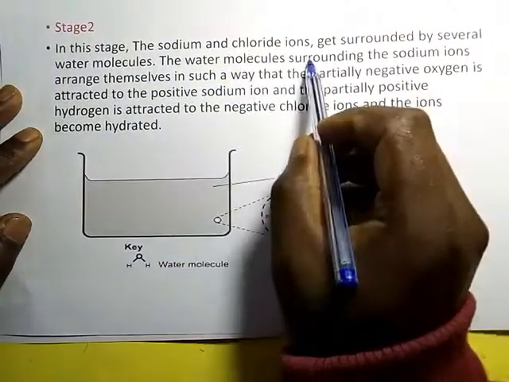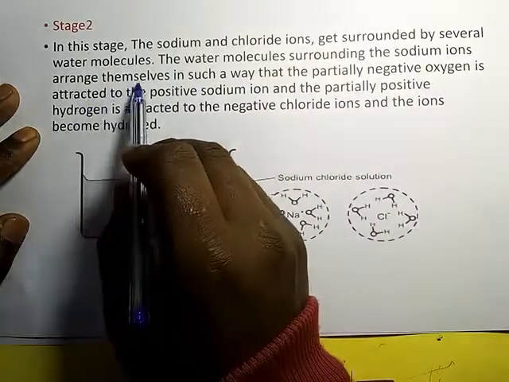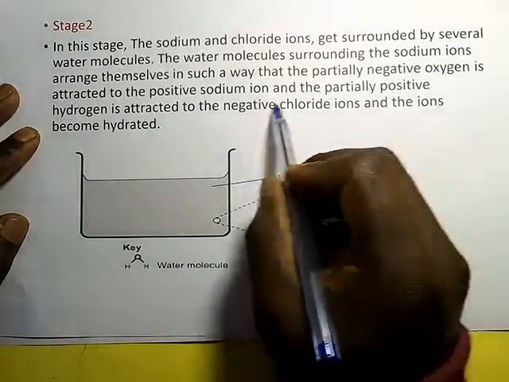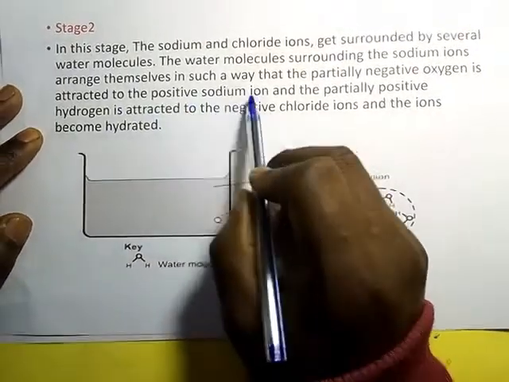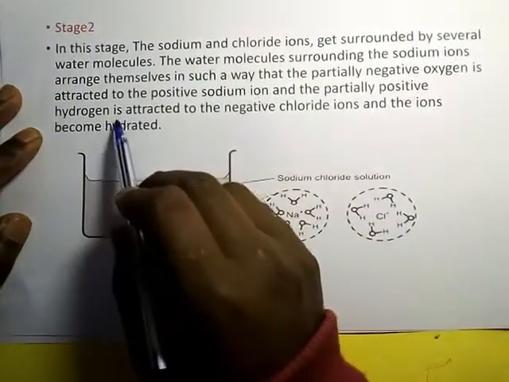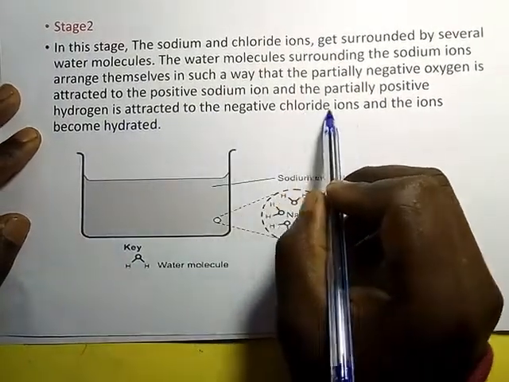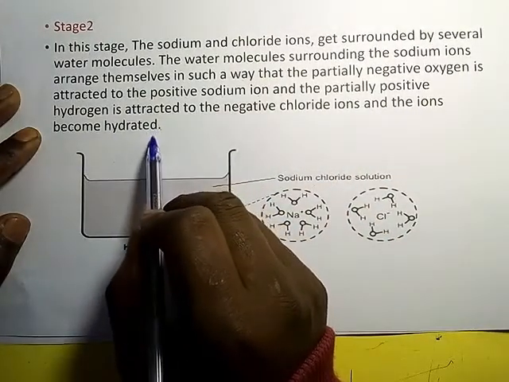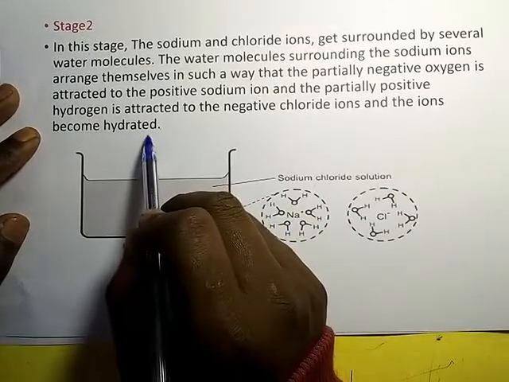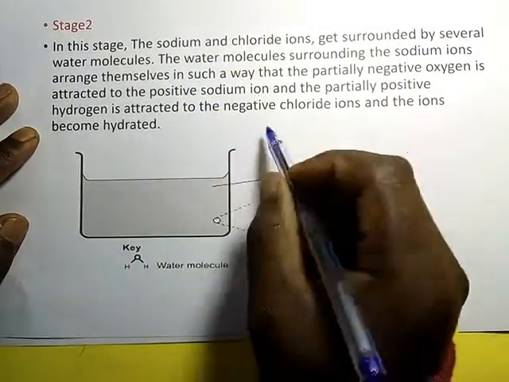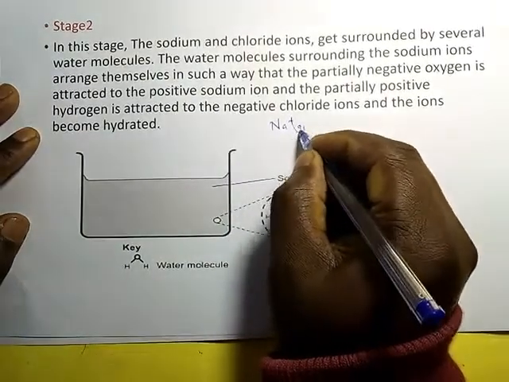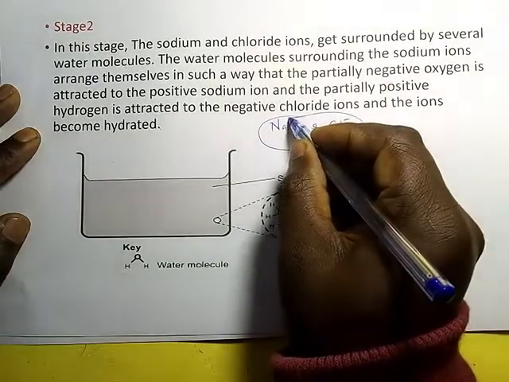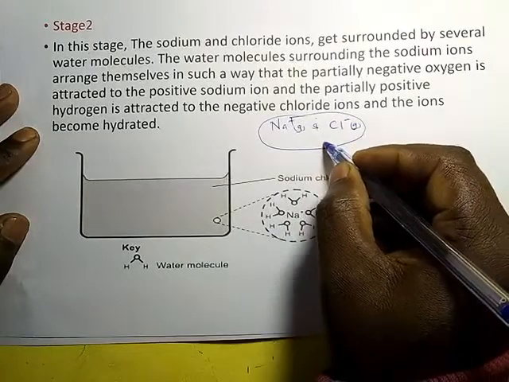The water molecules surrounding the sodium ions arrange themselves in such a way that the partially negative oxygen is attracted to the positive sodium ion, and the partially positive hydrogen is attracted to the negative chloride ions, and the ions become hydrated. Now we are talking about the second term, hydration. So now these gaseous sodium ions and chloride ions are surrounded with water molecules, and they become hydrated.